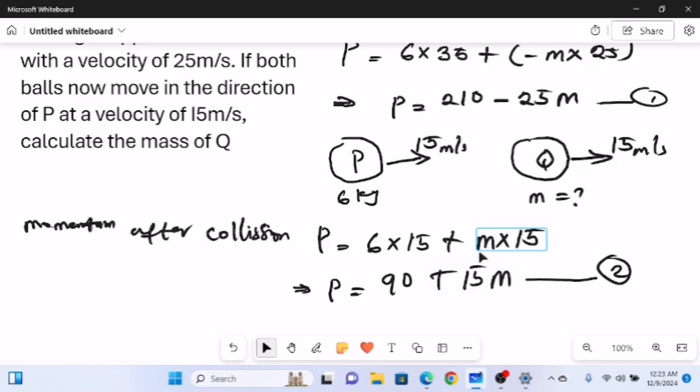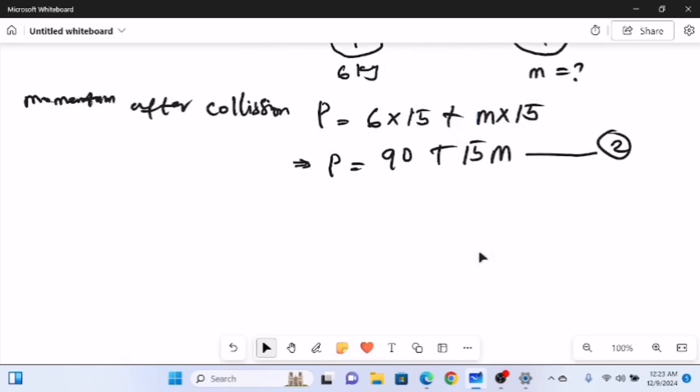So equation 1 gave us 210 minus 25m, which is going to be equal to 90 plus 15m. So this becomes our momentum conservation.